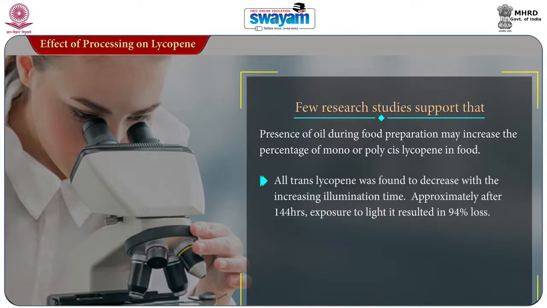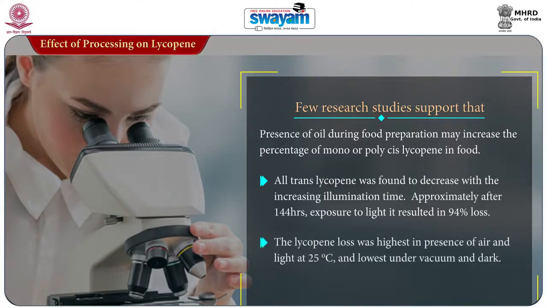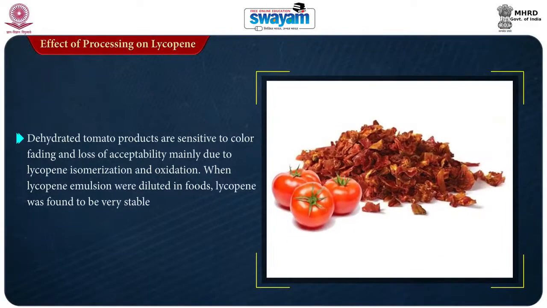All-trans lycopene was found to decrease with increased illumination time. Approximately after 144 hours exposure to light, it resulted in 94% loss of lycopene. The lycopene loss was highest in the presence of air and light at 25 degrees centigrade and lowest under vacuum and dark.